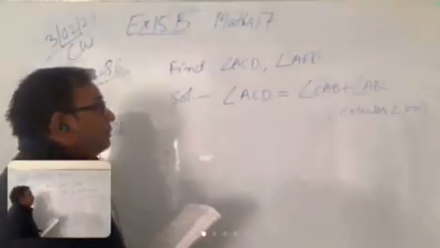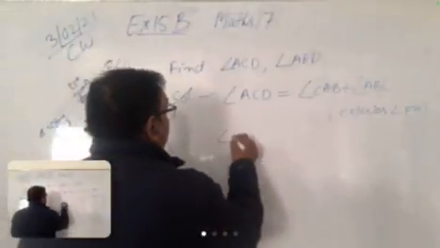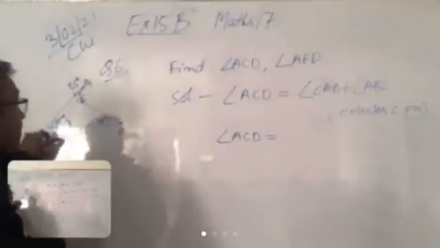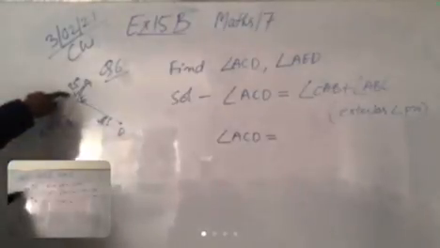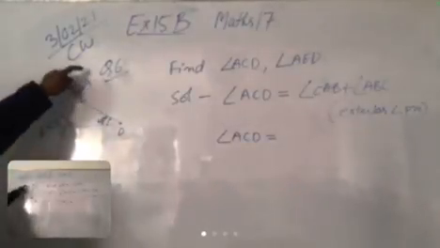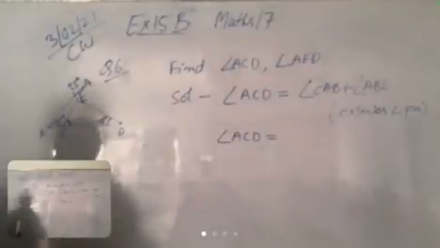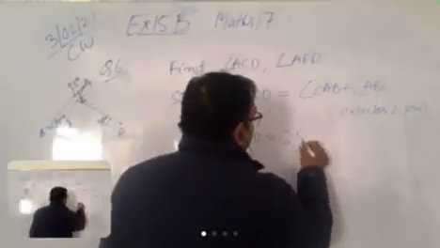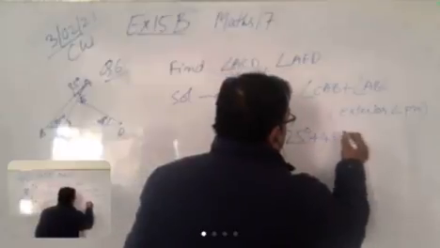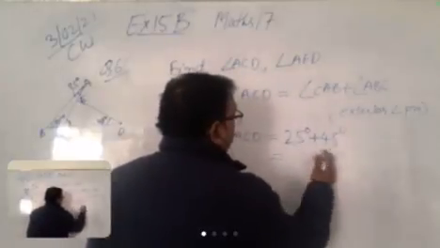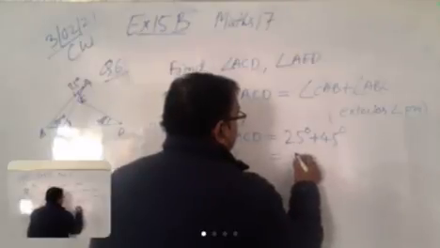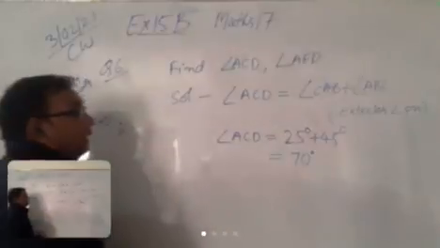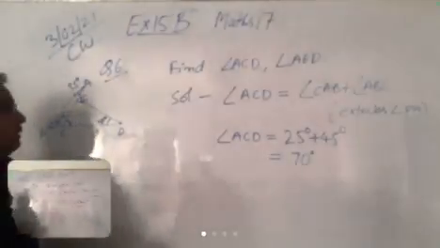Clear? So angle ACD is equal to, now you can see, CAB. This is 25 degree, and then ABC, it is 45 degree. So it is 25 degree plus 45 degree, which is equal to 70 degree. So angle ACD is 70 degree.